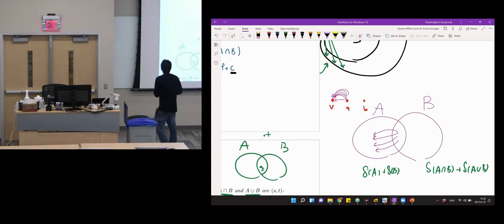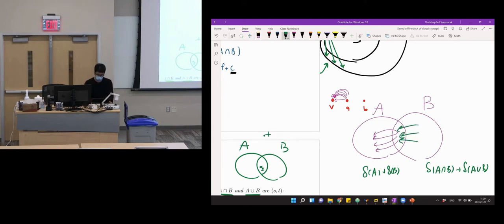From B to A intersect B. Because we're coming out. All right, I'll go and think about it again. Sorry about this.